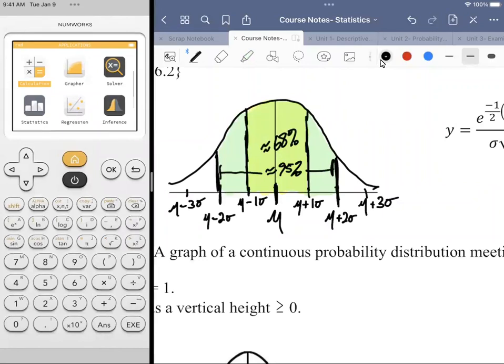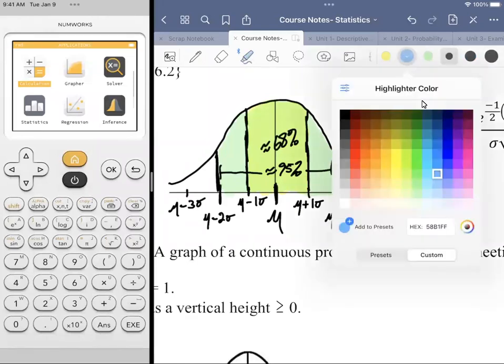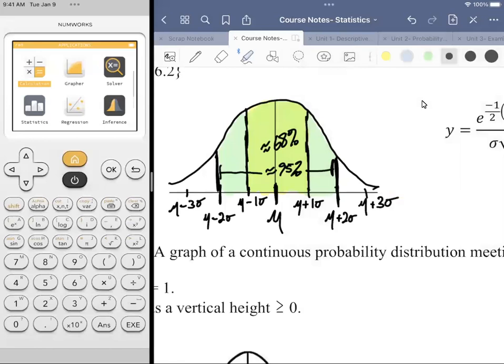It's going to get out of hand real quick now, but let me see if I can. I think blue is going to be way too much here. Maybe I can get a lighter shade. I'll do this very, very light shade of blue. So that would be all of this data here, accounting for about 99.7% of the overall distribution.